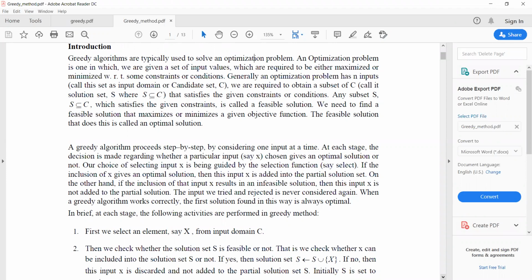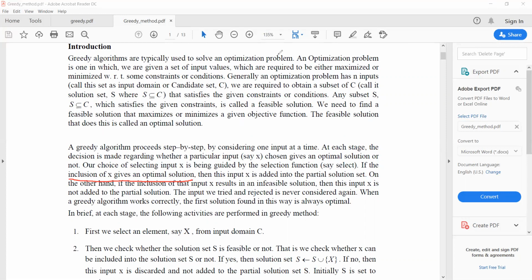At each step a decision is made whether a particular input X is feasible and will contribute towards the optimal solution or not. Our choice of selecting input X is guided by a selection function, and the inclusion of X depends on whether it belongs in the optimal solution or not.